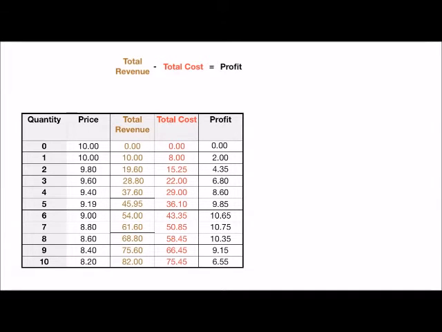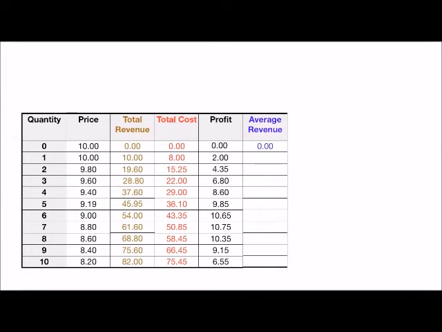Now I'm going to calculate average revenue. Total revenue divided by quantity is equal to average revenue. I'm going to calculate average revenue for the second row there, the highlighted row. So I have revenue of 10 divided by a quantity of 1, which is equal to average revenue of 10.